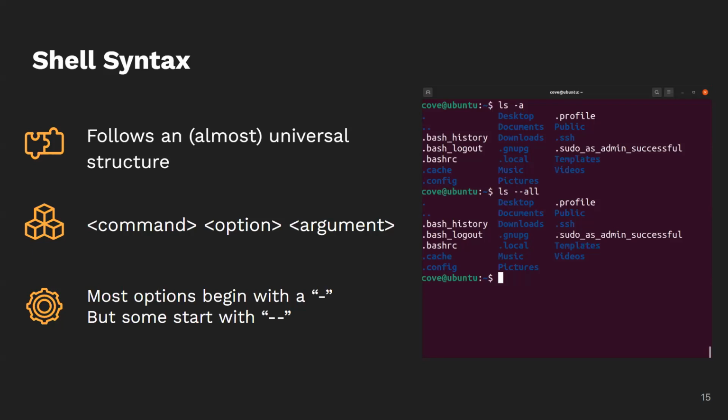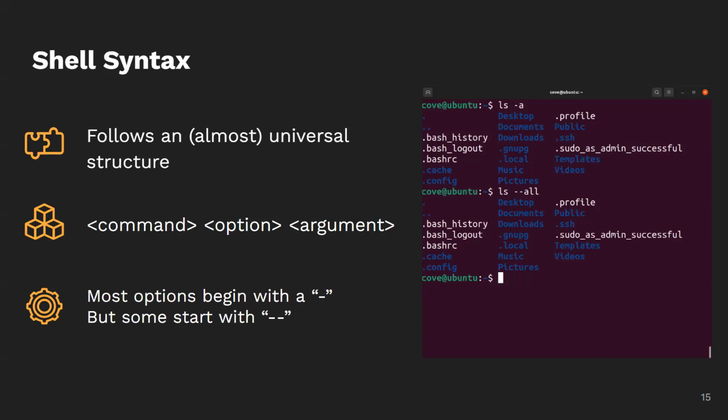Here, I'm just doing ls -a in my home directory. That's also going back to relative paths. I don't specify any argument, so it's just doing it at the dot directory, which is my current directory. And ls -a is the shortened version of ls --all.